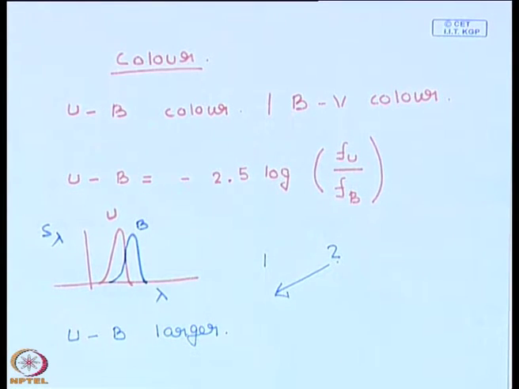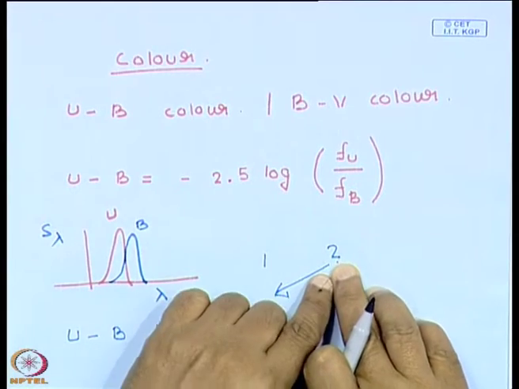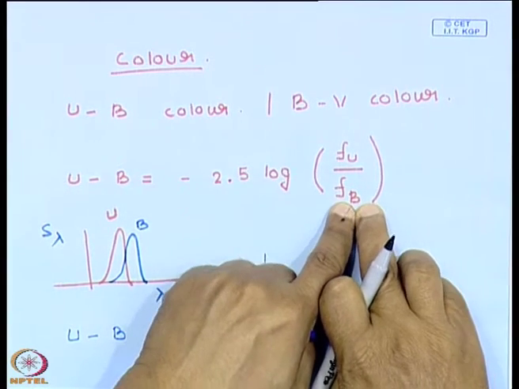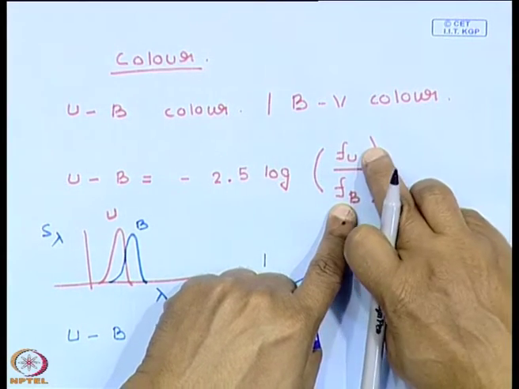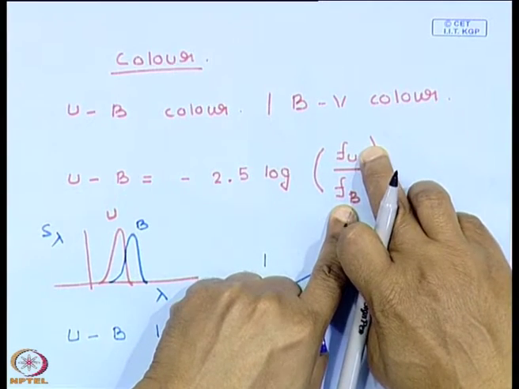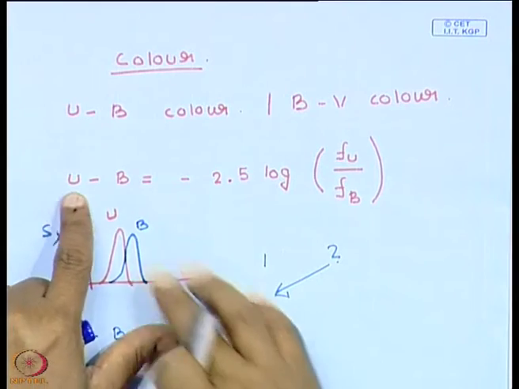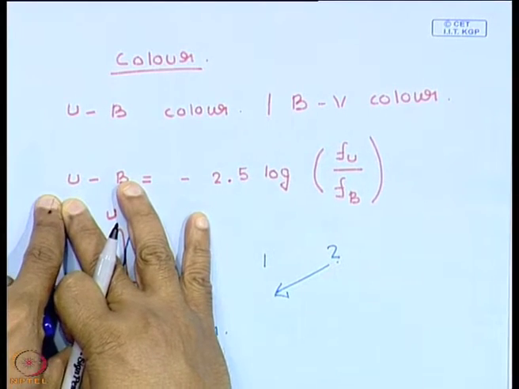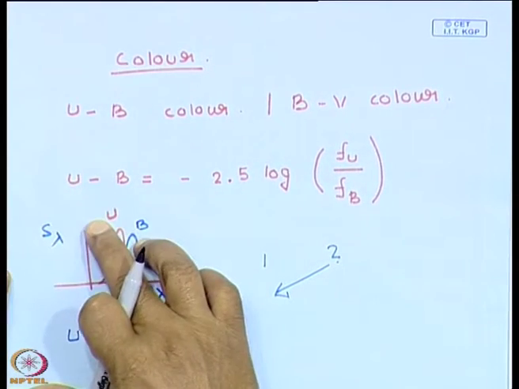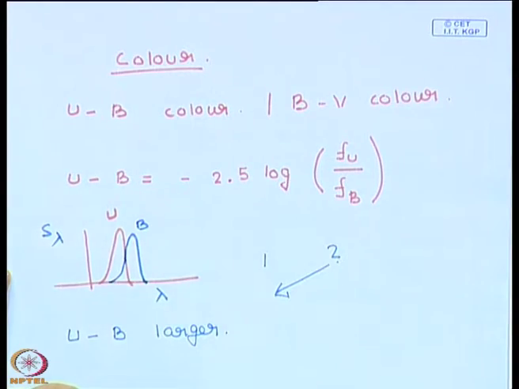What does it tell us? It tells us that U minus B being larger implies that for 2 the blue flux is more than the ultraviolet flux relative to 1, because this is a larger value, this is a positive value, and this is more for the second source.